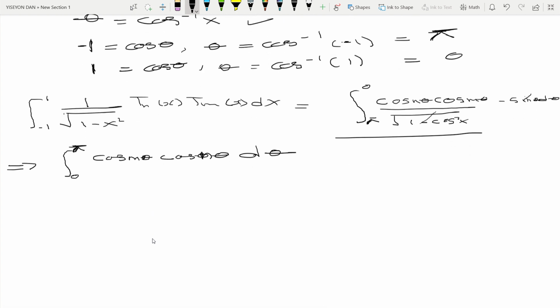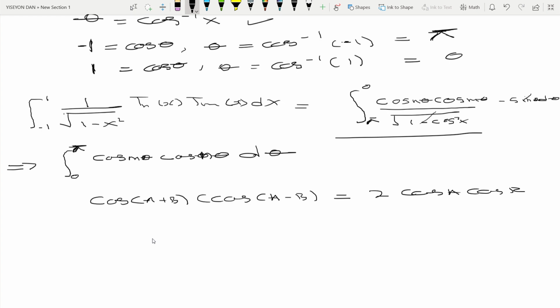Don't forget we have a rule in trigonometry that says that when you have cos(a+b) plus cos(a-b), the answer is 2 cos a cos b.